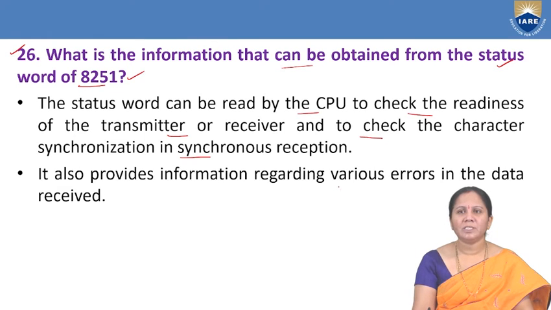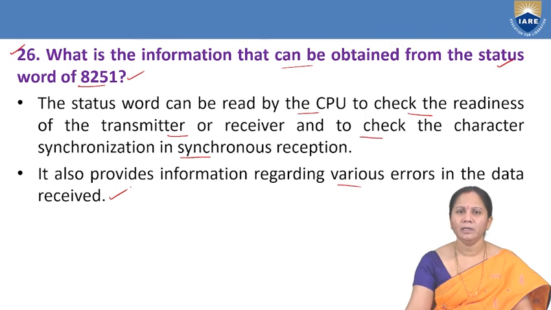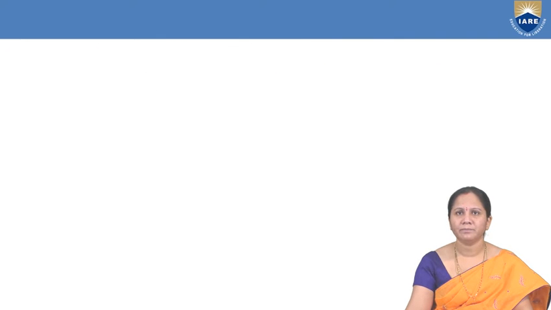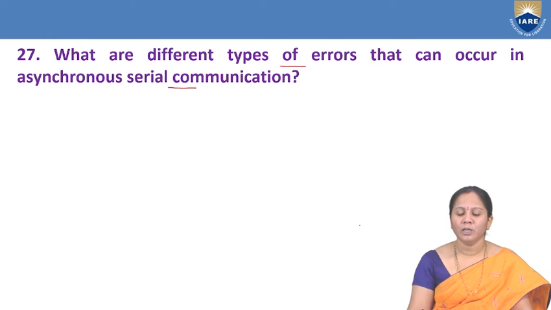And it also provides information regarding various errors in the data received. And next, what are different types of errors that can occur in asynchronous serial communication? In the features of 8251 we have studied, it is capable of finding the errors.